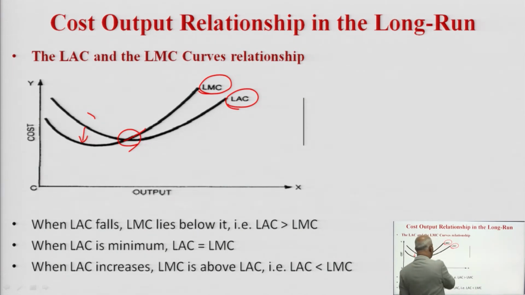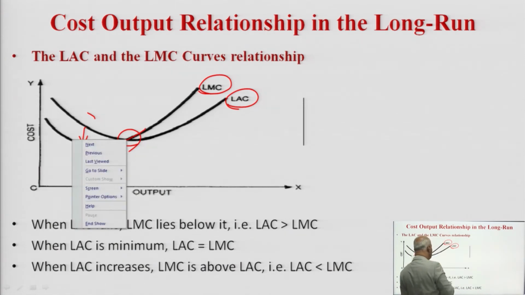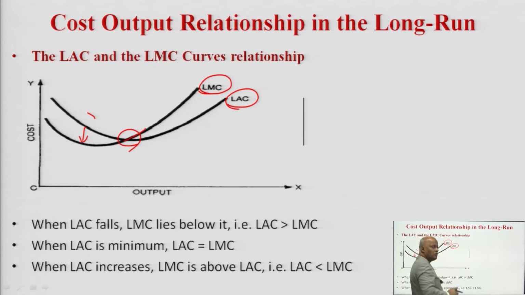But afterwards, after this minimum point has been reached, when the long run average cost curve is increasing, the long run marginal cost curve will also increase, but in this case it will lie above the long run average cost.